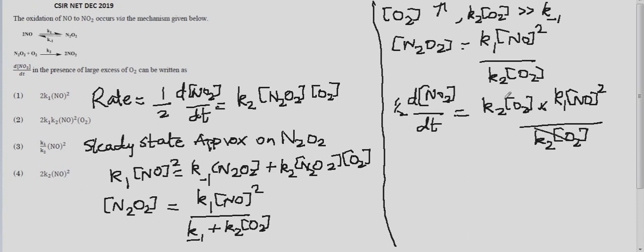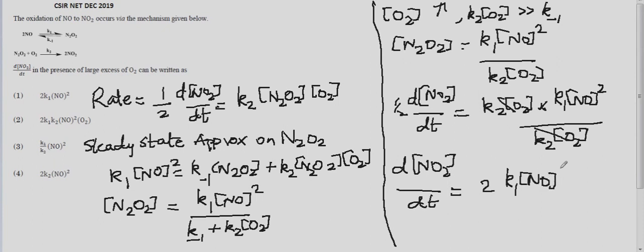So this and this will get cancelled, and we push this 2 to the other side, so this becomes d[NO2]/dt is equal to 2 times k1 [NO]squared. So we know the answer now. This is the right answer.